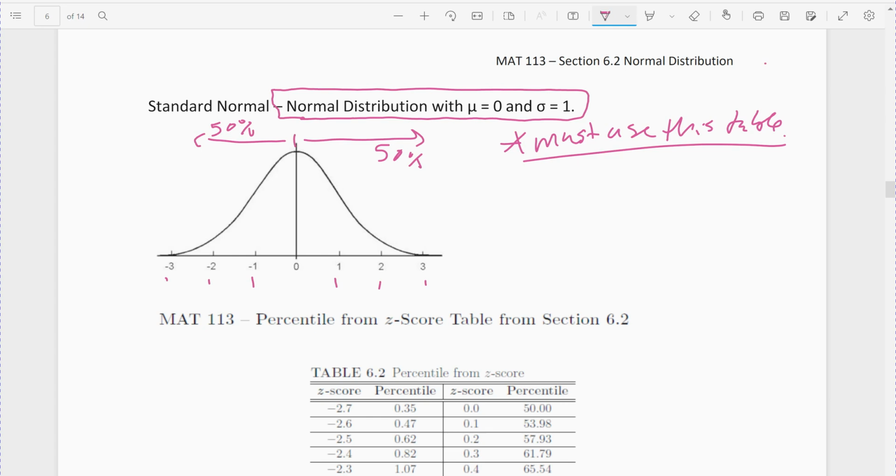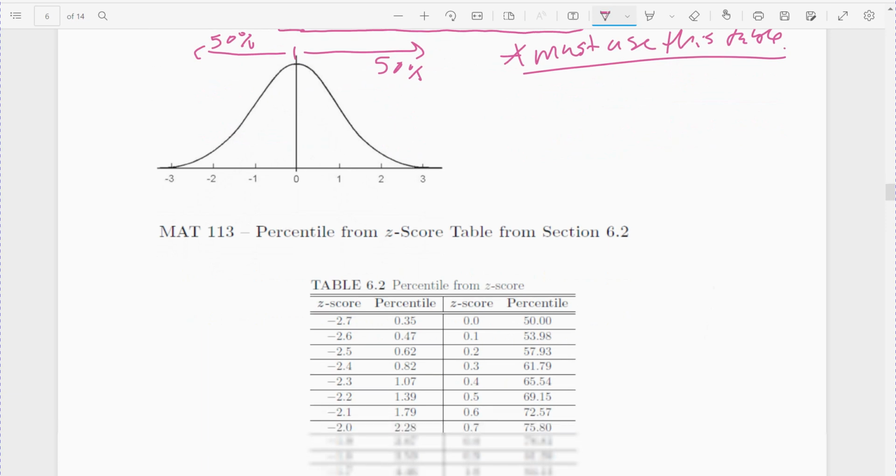One standard deviation away would represent 68%, and so on. This allows us to look at deviations that aren't necessarily exactly 1. So the z-score represents the deviation.